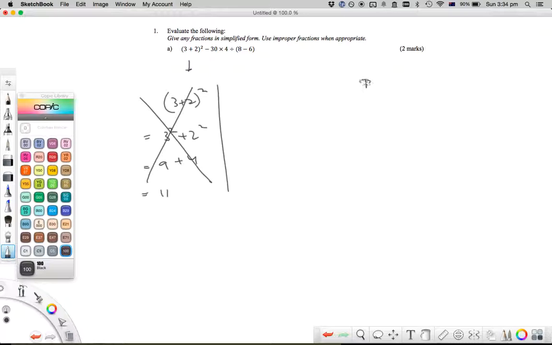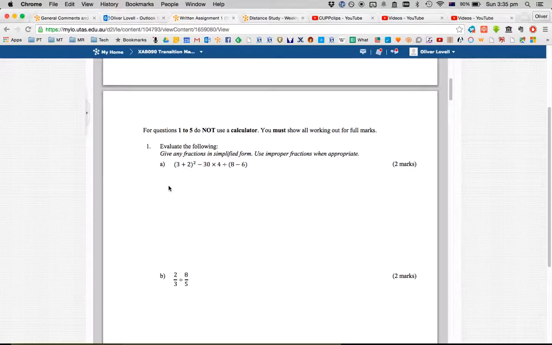Because if we do our BIDMAS, or our BIMDAS, we have to deal with our brackets first. So we've got our 3 plus 2 squared is actually the same as 5 squared, which is 25, not 11. So that was the first mistake that was quite common.